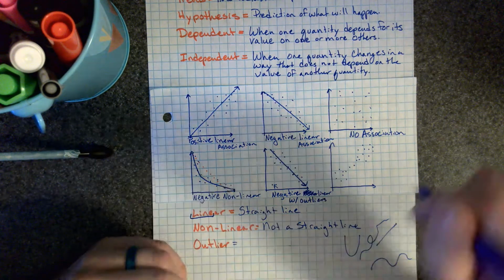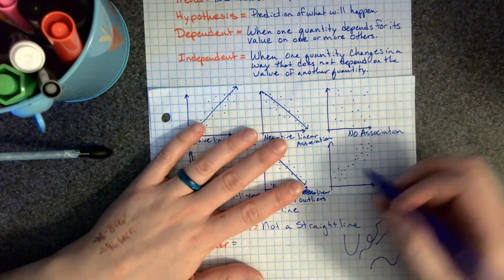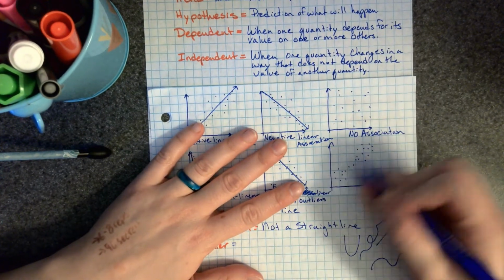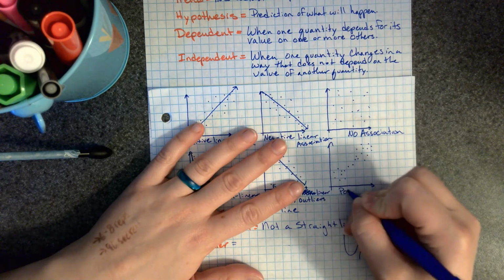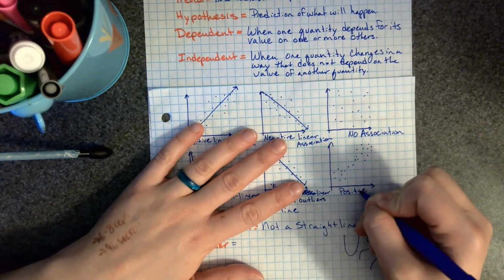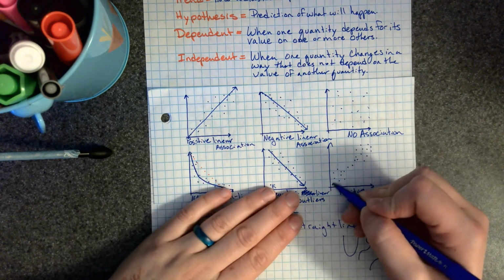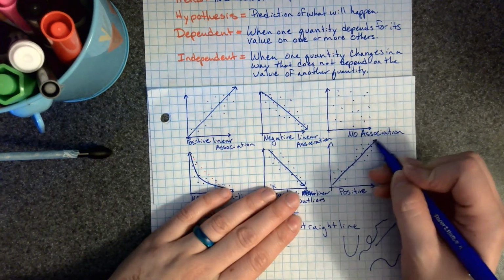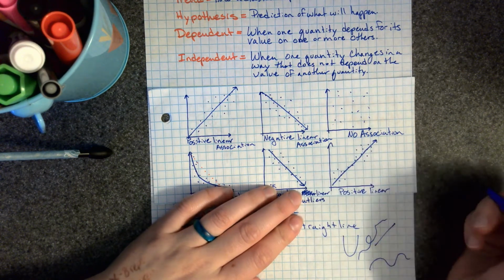Okay? One more, here we go. This guy right here, if you guys noticed, is going up. Up, up, up, up, which means it's increasing, making this a positive association. And then if we take a look at it, I can in fact draw a straight line through the middle of my points, making this a positive linear association.